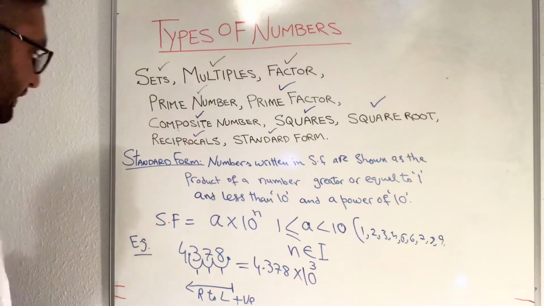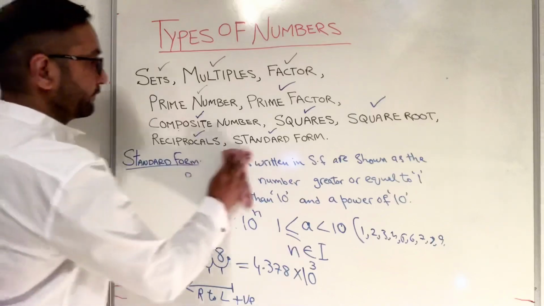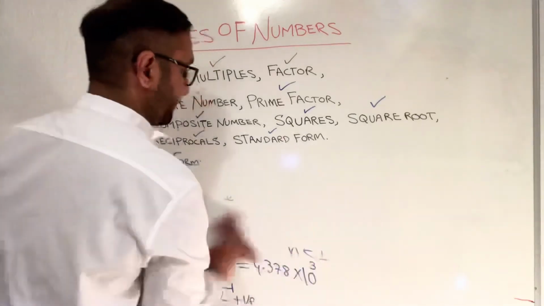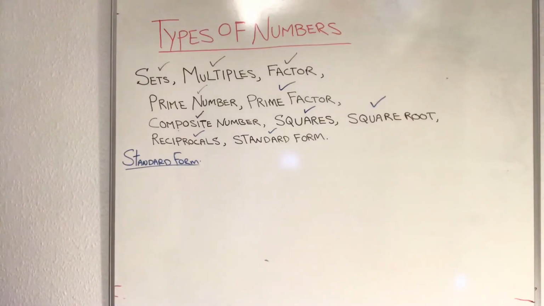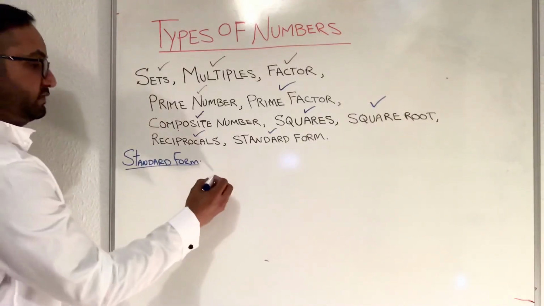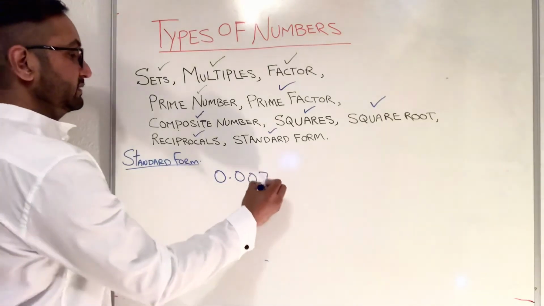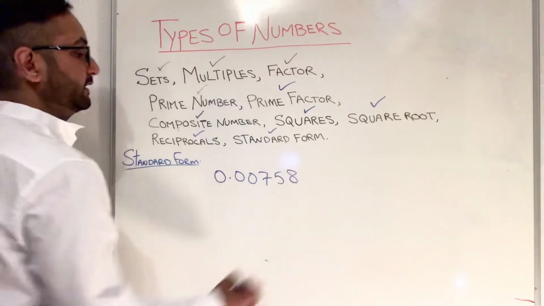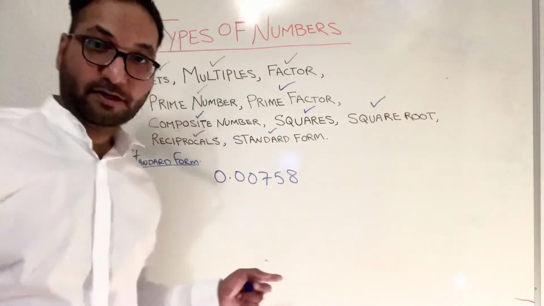Another example I will write down. If I use a number like 0.00758, now they are saying write it in standard form.